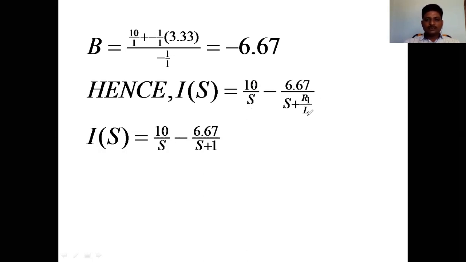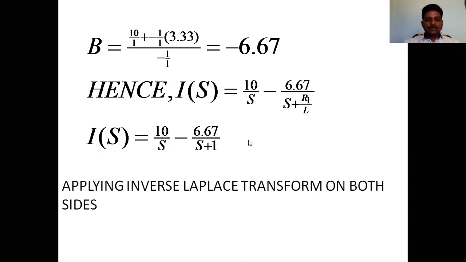R1 equal to 1, L also 1. Therefore R1 by L is equal to 1. Therefore I of s is equal to 10 by s minus 6.67 by s plus 1.